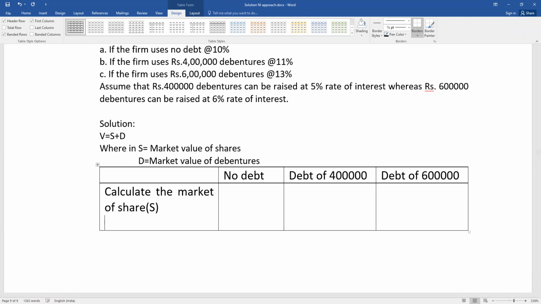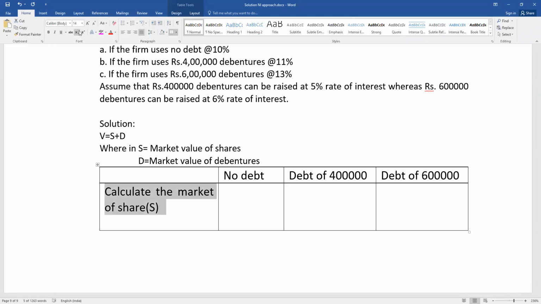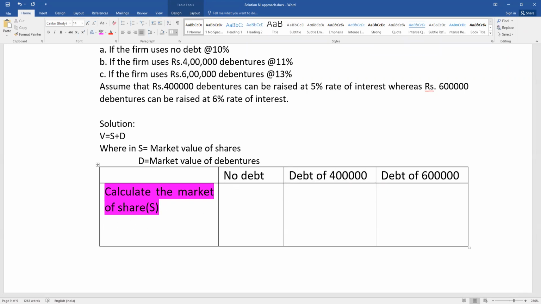So how do you calculate the market value of the share? Do you remember the formula? Anybody who remembers the formula? Market value of the share is equal to, that is S is equal to amount available to equity shareholders divided by cost of equity.